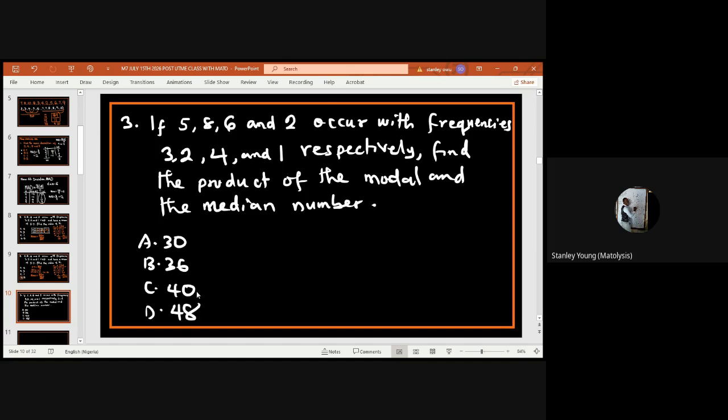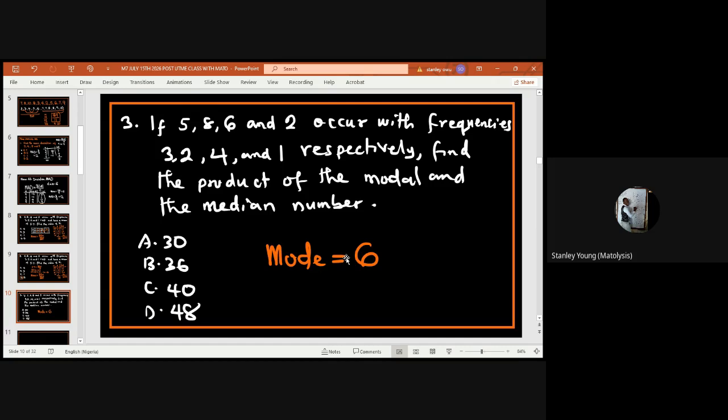Okay, your job is to first determine the mode and the median and multiply them. I'll allow you to quickly do this. What's the mode again? Mode is the one with the highest frequency. Just by looking at the figures they gave you, which one has the highest frequency? 6. That's correct. So you already know that your mode is 6.